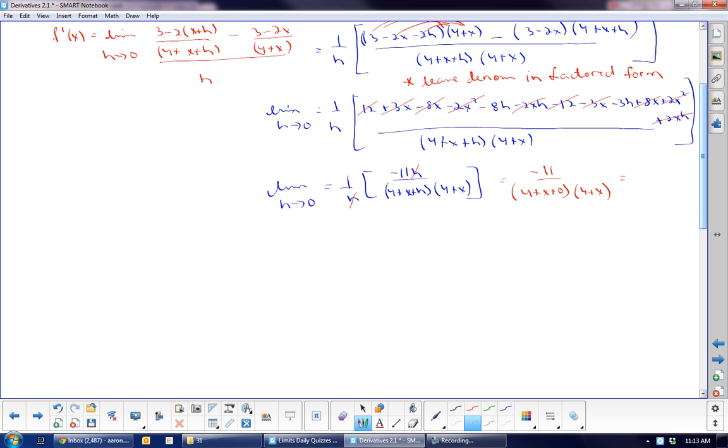So this equals negative 11 over, there's basically two 4 plus x's multiplied to each other. So f prime of x equals negative 11 over 4 plus x squared. So if they gave me x values, I could find the slope at different points in the graph.